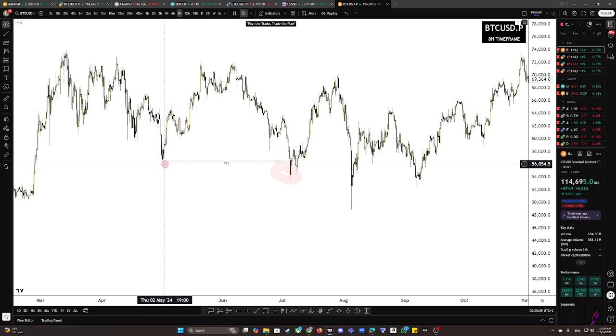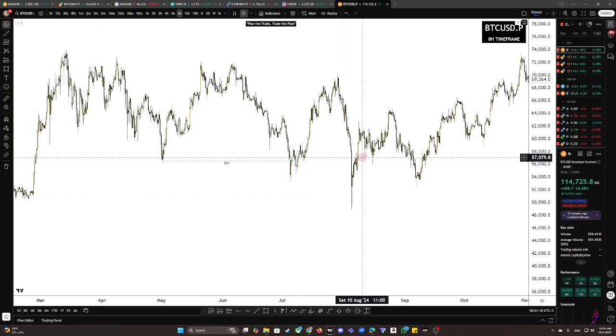And that is why it is very important to identify the important liquidity zones on the chart to be able to know where the market maker wants to enter, because they usually enter at liquidity pools, especially if they're huge liquidity pools.